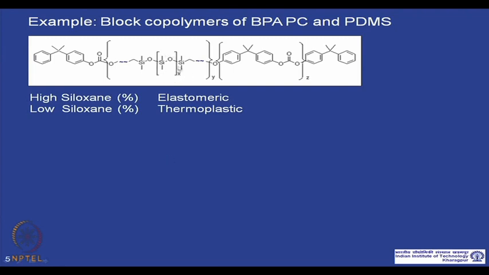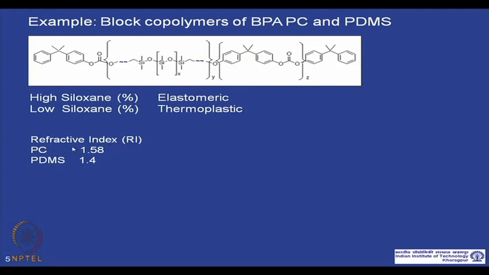So, the PDMS forms small domains in the entire matrix, which is mostly BPA polycarbonate. We are talking about a composition where it is mostly BPA polycarbonate and maybe 5% is PDMS.